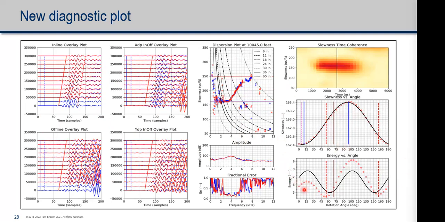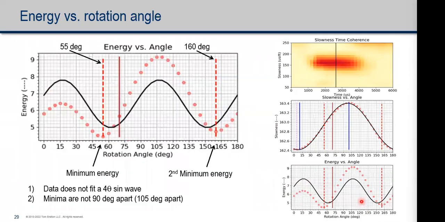The standard way that we determine the direction of the anisotropy is plotting the energy as a function of this rotation angle. If I blow it up, I find a minimum in energy right here at 55 degrees. If I rotate from 0 to 180, I find another minimum here at 160.